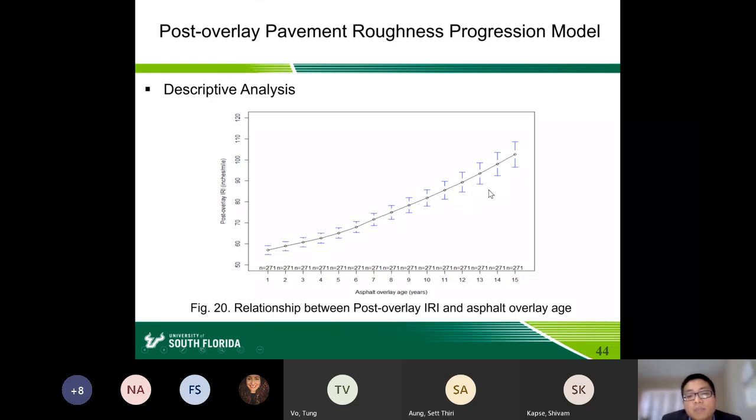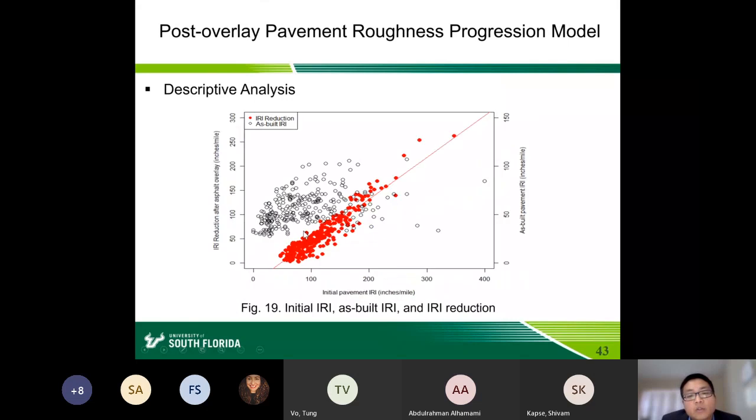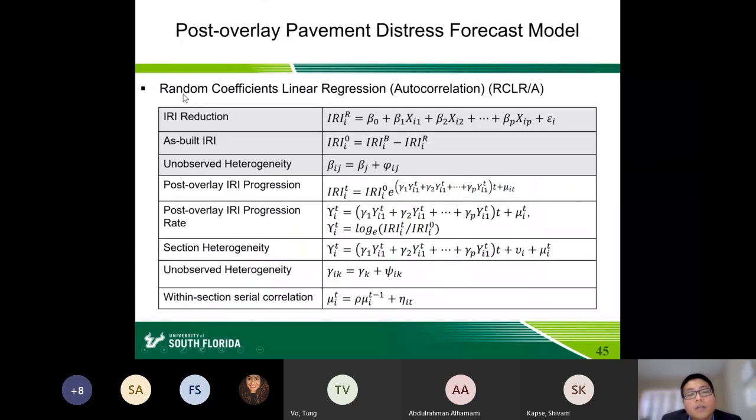It means positive serial correlation may exist. And the research method to evaluate these two relationships, two curves, I used the random coefficient linear regression with autocorrelation.